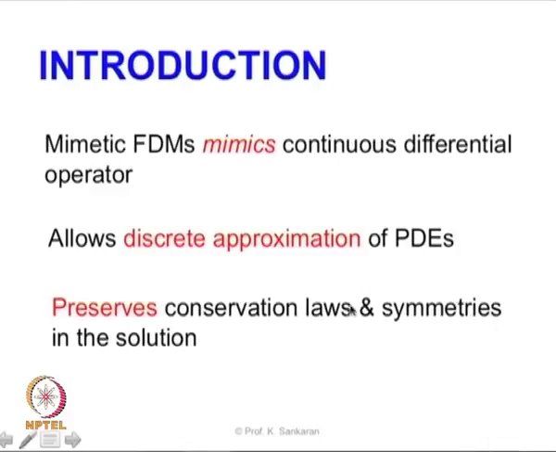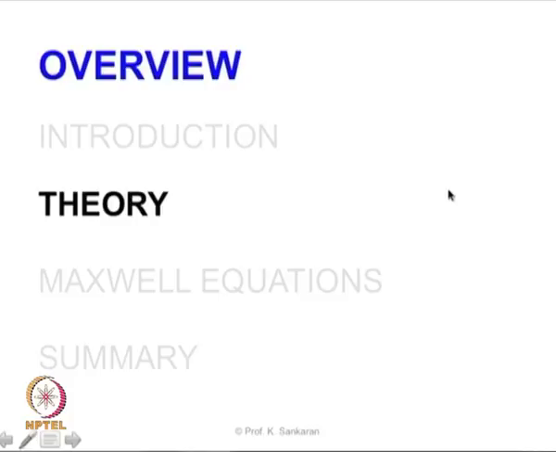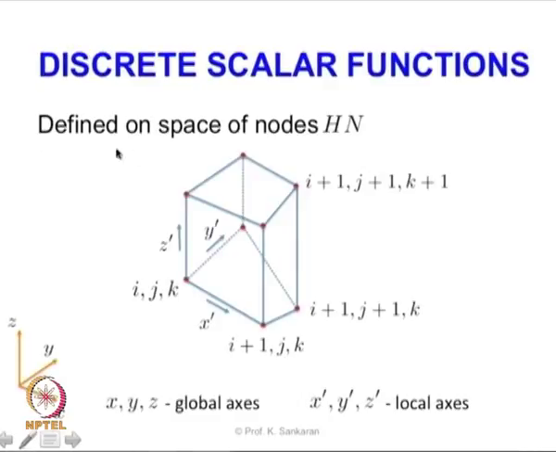So let's now go into the theoretical framework. The theory of finite difference method is something that we know from our first lecture modules. We are going to use the same theory, but we are going to model it on non-orthogonal grids. The discrete scalar function, what we mean by that are functions which have only scalar values, and they are defined on the nodes, and we are going to call that space Hn.